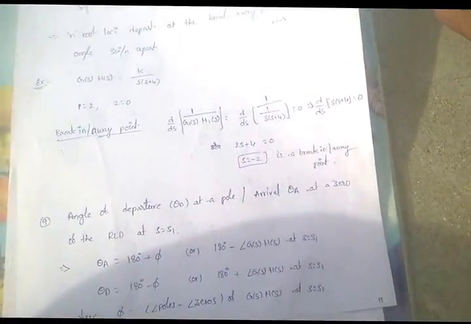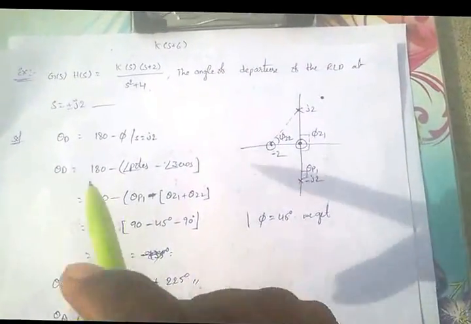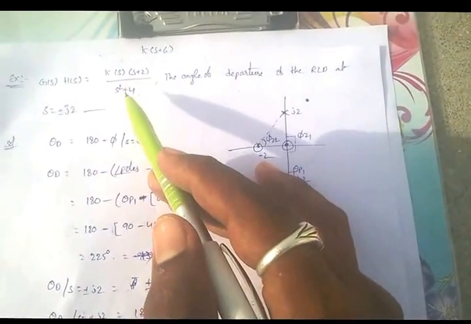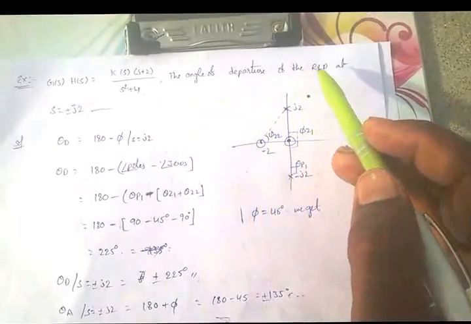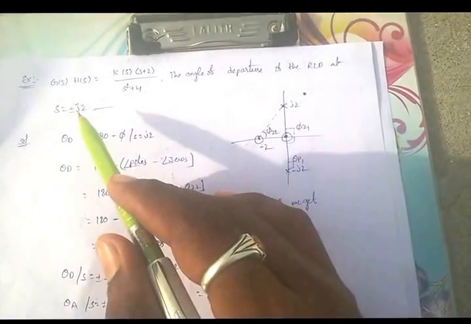And one example about this angle of departure and angle of arrival. Here g of s and h of s equals k into s plus 2 by s square plus 4, and we need the angle of departure of the RLD at s equal to plus or minus j2.